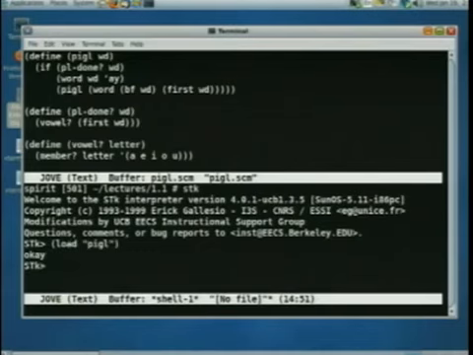Okay, so here's a little Pig Latin program. Who speaks Pig Latin? Oh my God, what do they teach in school these days? All right. Pig Latin, when I was a kid, was a secret language that kids used to keep secrets from their parents. I guess these days it's a language that parents use to keep secrets from their kids. To translate a word to Pig Latin, you take all the leading consonants, move them to the end, and add AY.